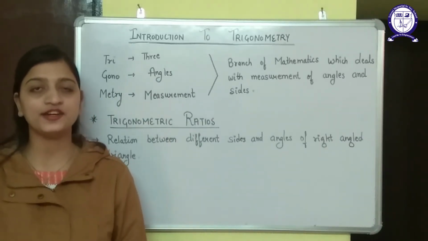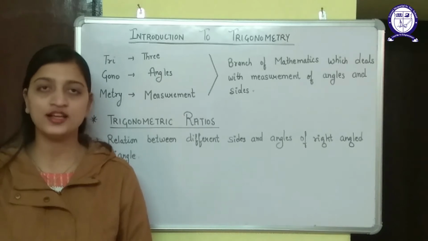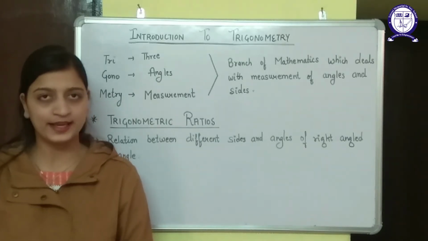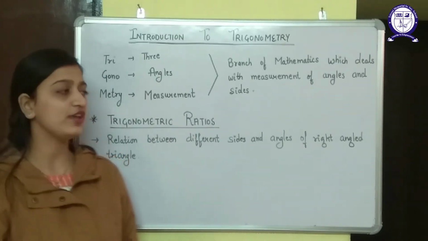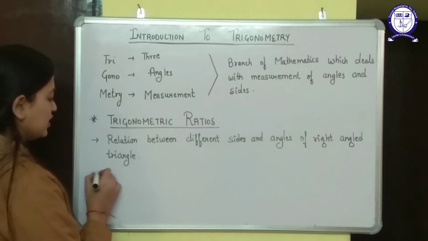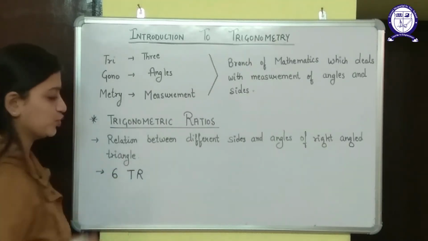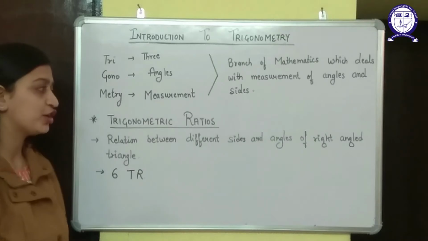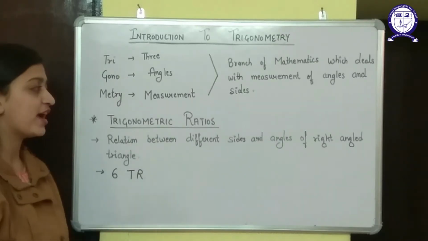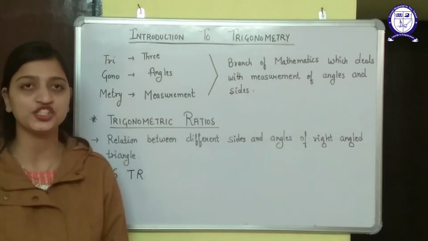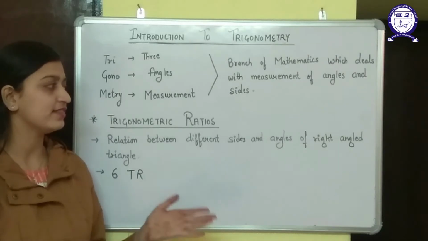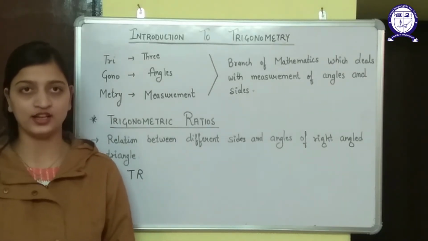It is mandatory that the triangle should be right angled. Only then can trigonometry be applied. Now we have a total of 6 trigonometric ratios, which define the different relationships between the sides and the angle of the triangle.